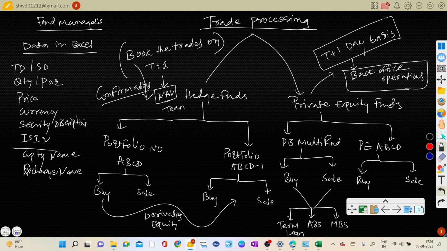Back office operations, and so my job is to verify the data with the middle office data in the Excel sheet, and if it is matched, then we record the data in the internal accounting system.